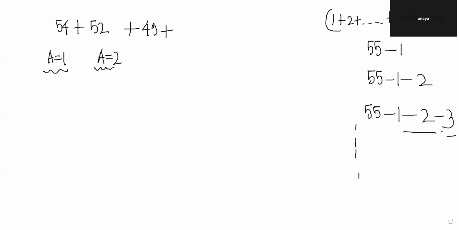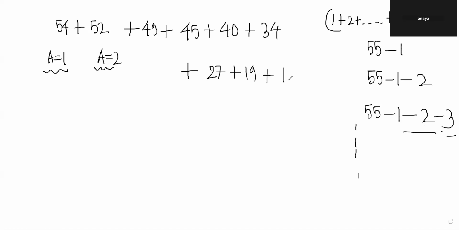Then after that, you will get 45, then 40, then 34. These are the different cases for A. And then 27, 19, and 10. 10 happens when A is 8 or 9.